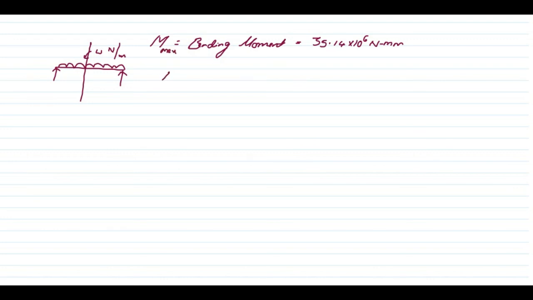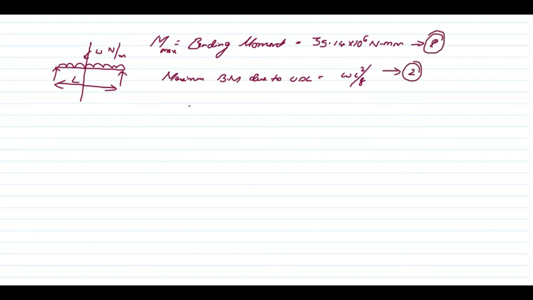So maximum bending moment due to UDL is equal to, what is the formula, guys? WL square by 8 when the overall span is L, isn't it? So now consider this as 1 and this as 2. So now what happens is this 1 should be equal to 2, isn't it, right? So now equate those two things.